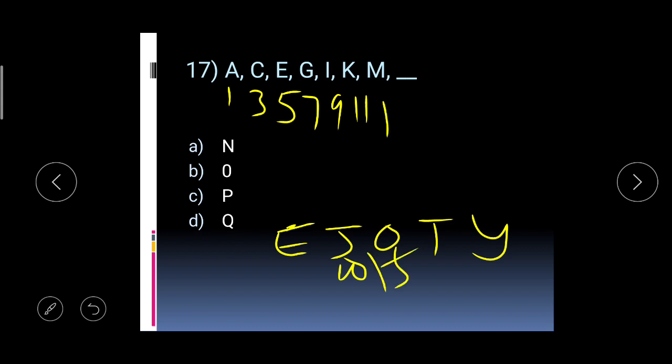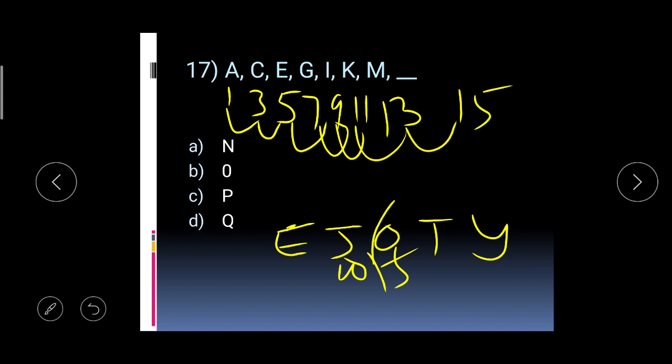So M has to be 13. So now our series is converted into a number series: 1, 3, 5, 7, 9, 11, 13. It is an arithmetic progression with a common difference of 2. So the next term is 15, and 15 is position O. So our answer is O, right?